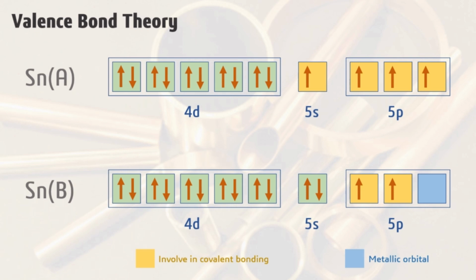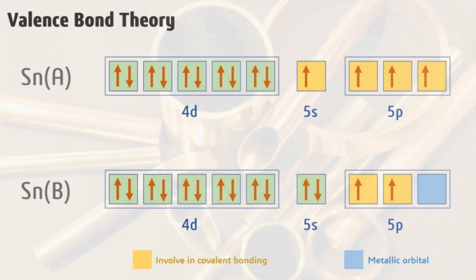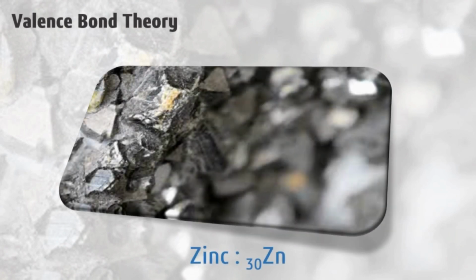In contrast, state B of tin has only two singly filled p orbitals which can form covalent bonds. One p orbital is vacant, called the metallic orbital. The rest of the orbitals are completely occupied. As this form possesses one metallic orbital, it can show metallic character. Here we can observe the inert pair effect. A similar situation can be observed in the case of zinc.